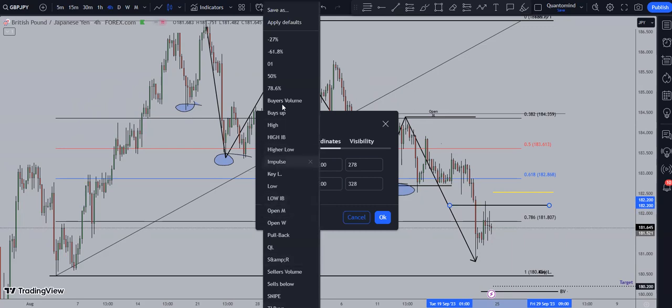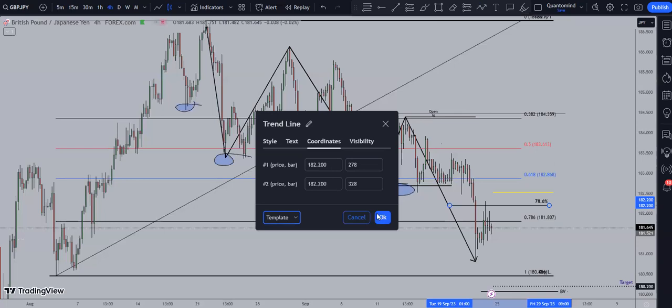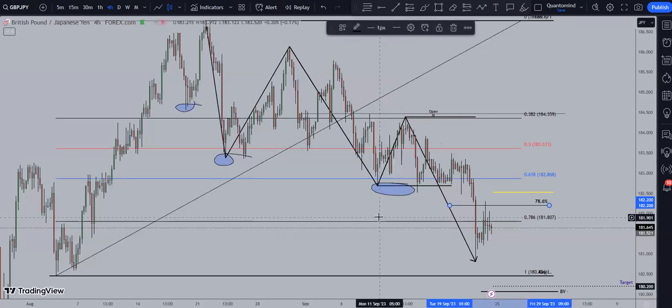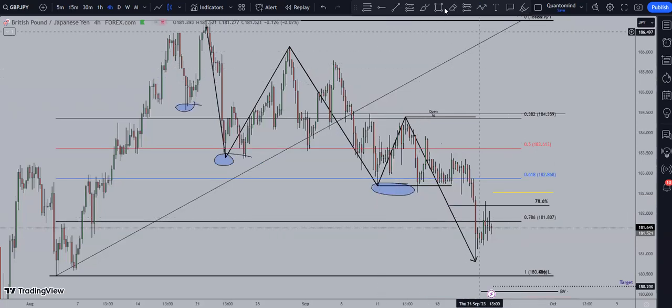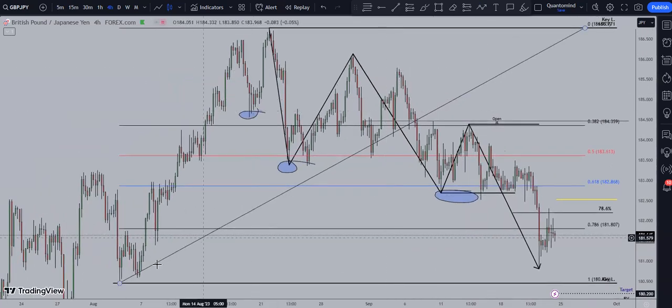This is 78.6. I'm probably going to change these numbers here. I'll do that later. So if we track the fibs from the low to the high, we can see that the market is reaching the 50% and the 61.8. Right? And it's breaking the 78.6 now. So the market has cleared all the orders here.